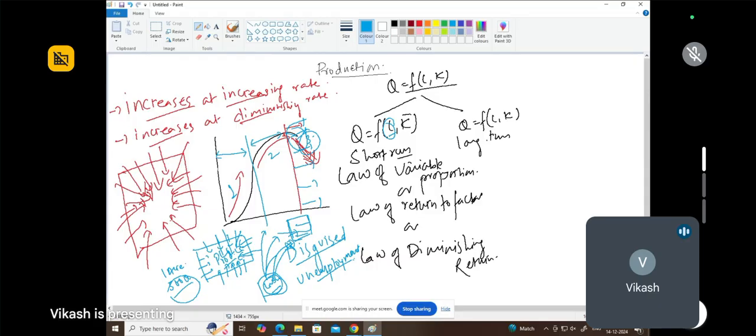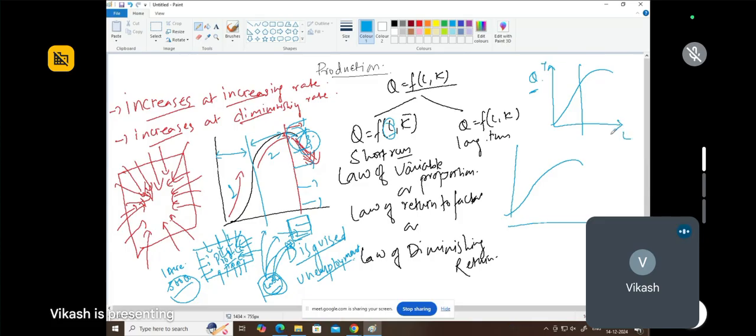Okay, so it is very lucrative to give the answer that stage 1 is the more reliable stage, but one thing we need to understand. Let me draw it here. See, this is the output axis, the y-axis, and this is the labor axis.